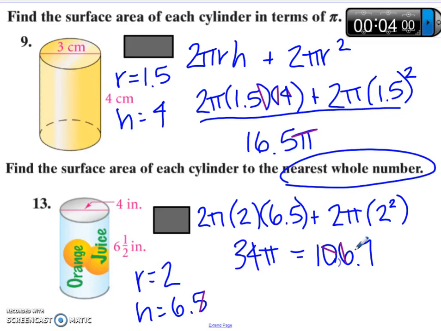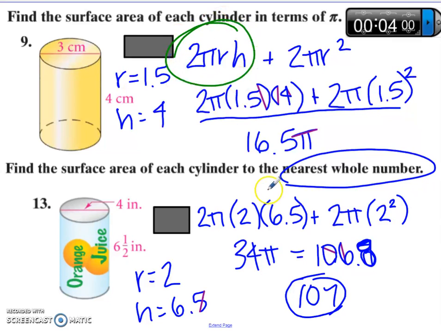I also just want to note we would only do this part of the equation for lateral. That's why I went ahead and just did the total, since we're going to use that equation anyway to find the total.